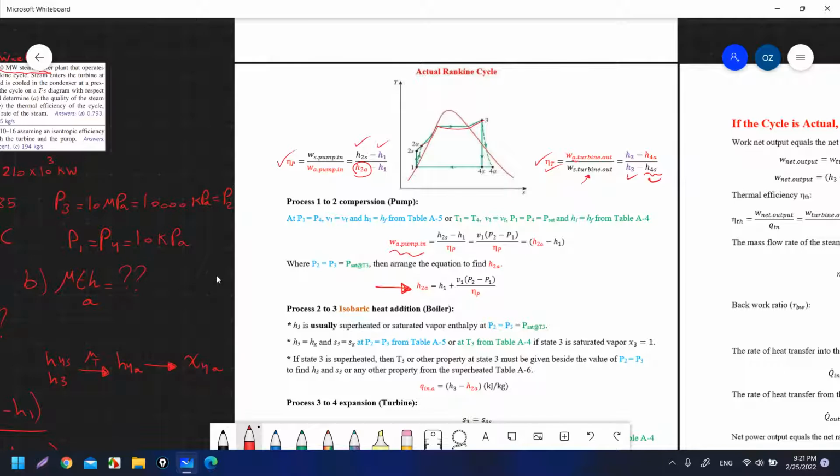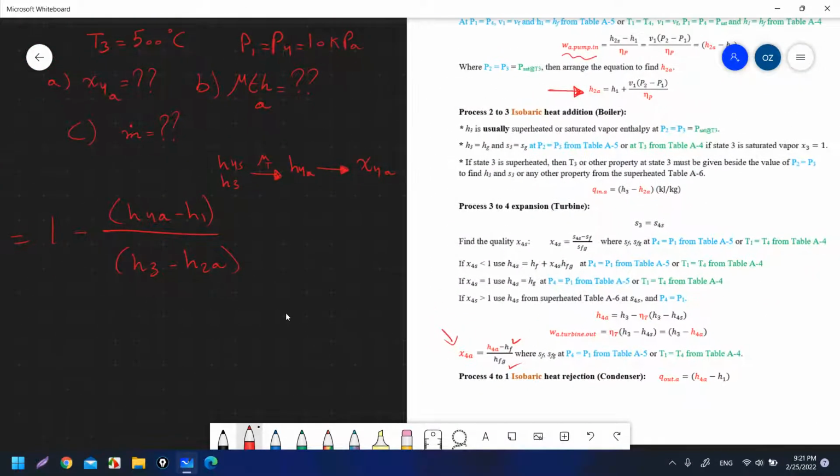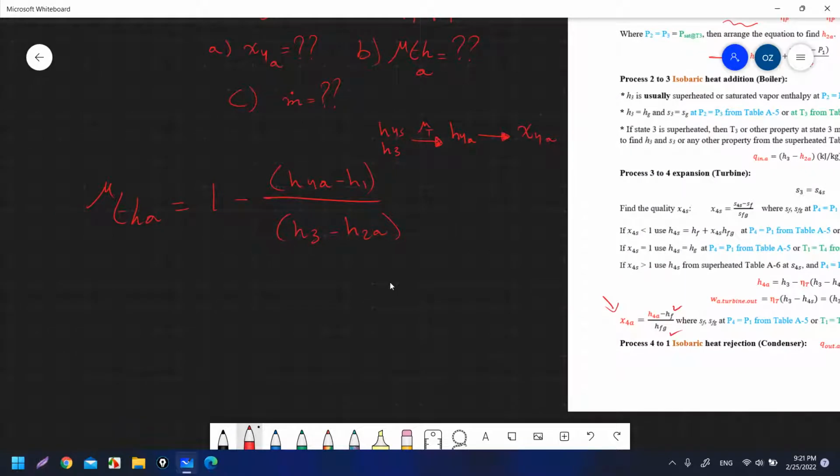We get it from here because if I want the actual pump work, it will be the ideal W pump in over the isentropic efficiency for the pump. We usually use V1 times P2 minus P1. Then you can find the actual enthalpy from here, H2A. And I didn't need to calculate H2S; directly we will use this equation to find H2A.